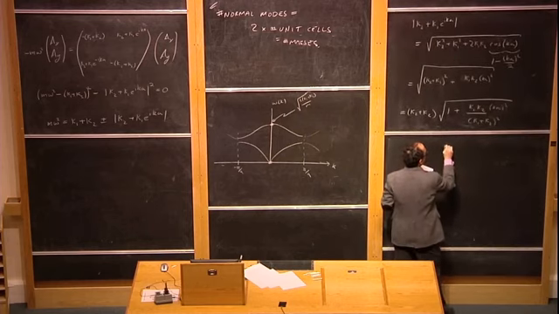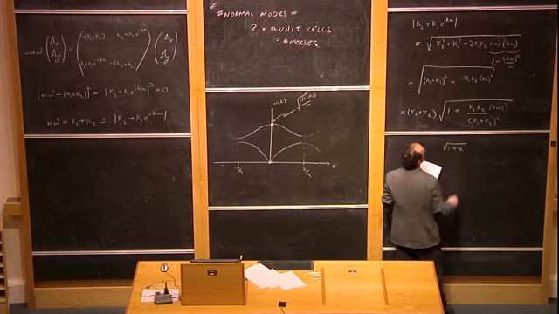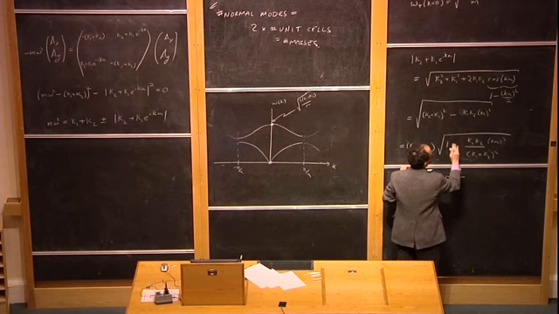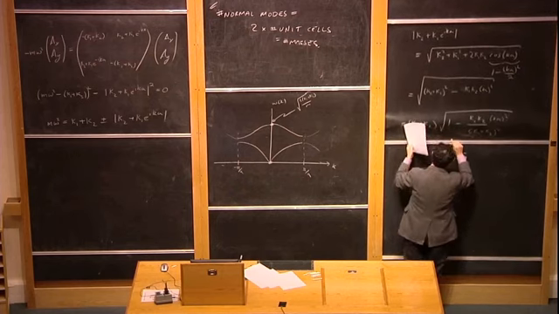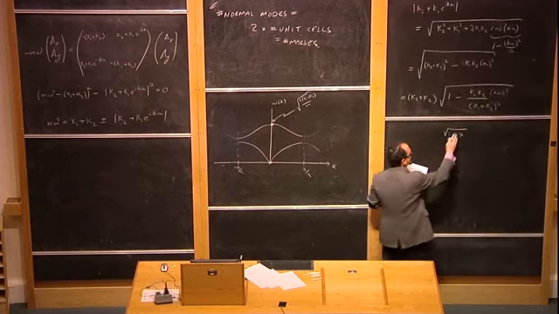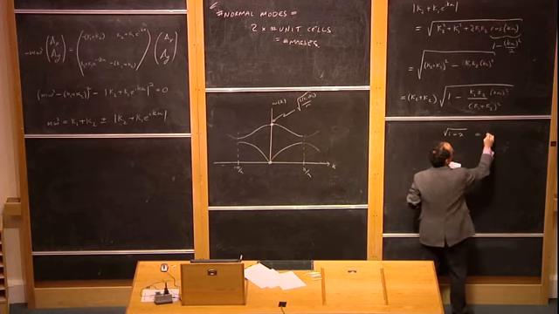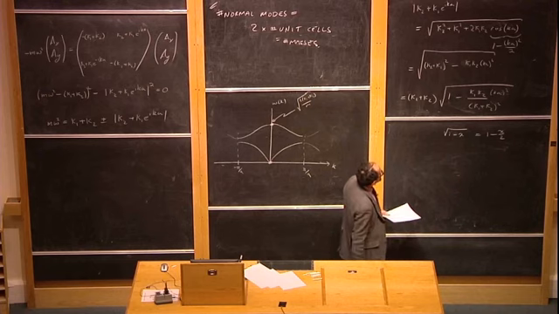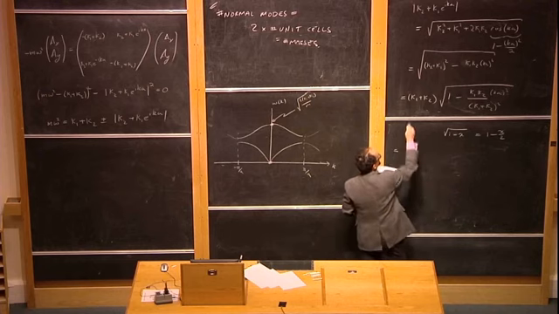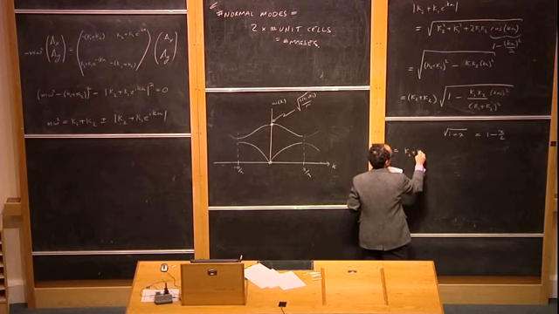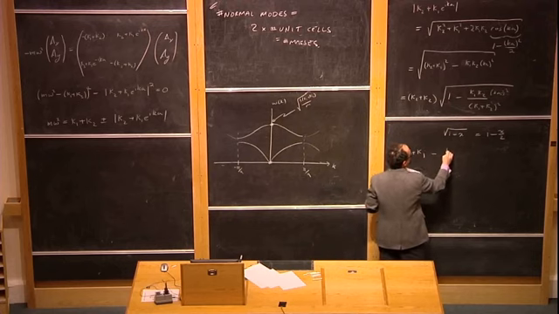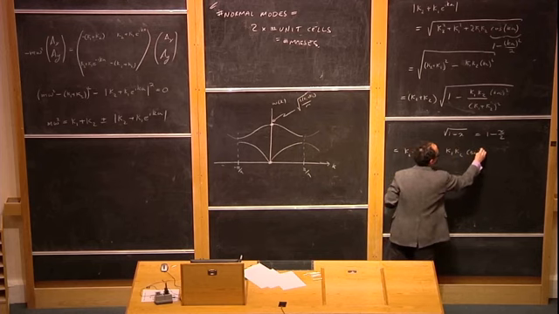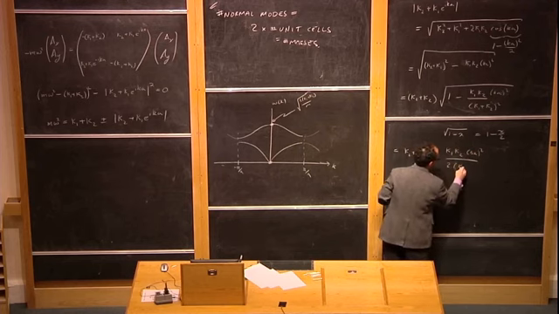And if you remember, the square root of 1 minus x is 1 minus x over 2. So then we can rewrite this as kappa 2 plus kappa 1 minus kappa 1 kappa 2 ka squared over 2 (kappa 1 plus kappa 2).